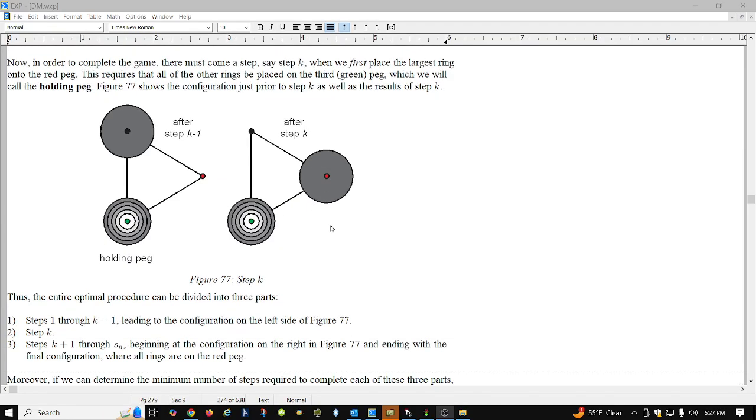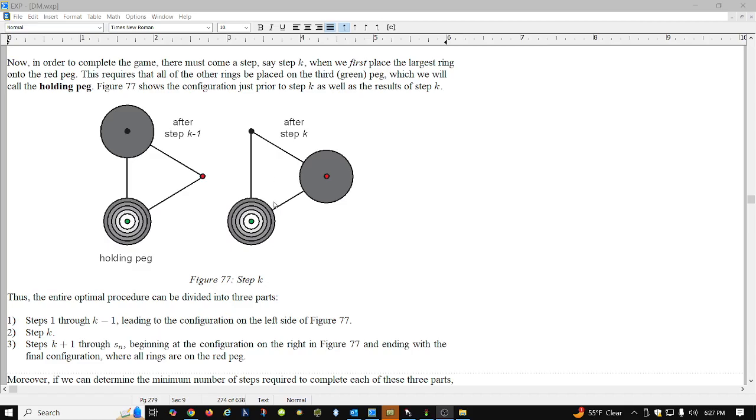Now we can divide the entire procedure into three parts. Steps 1 through k-1, which leads us to this configuration here. Then step k, which puts us over here. And then the rest of the steps, k+1 through Sn, if it's an optimal procedure, right?